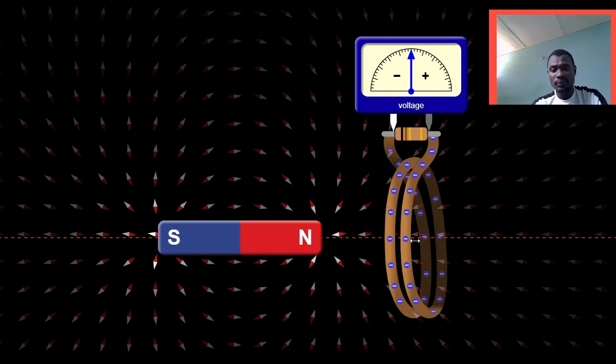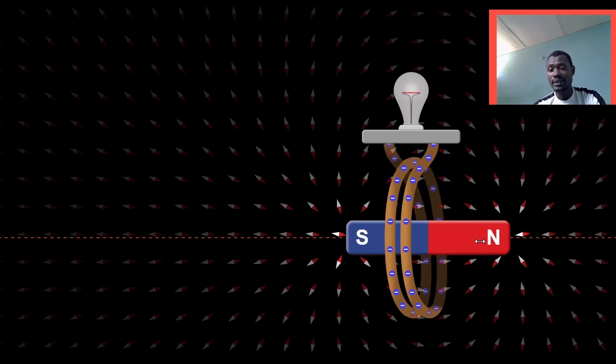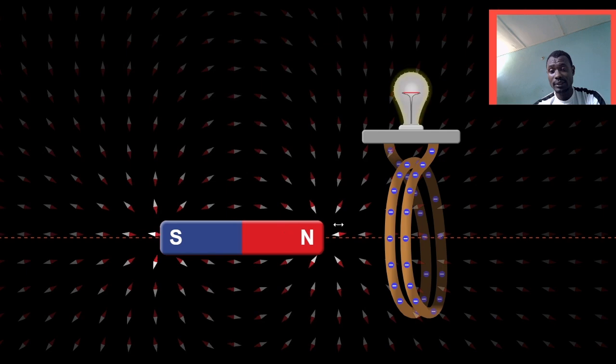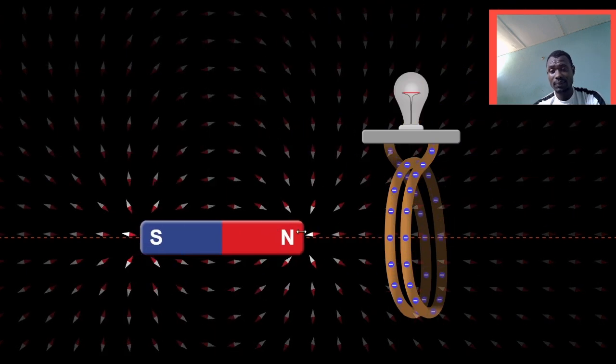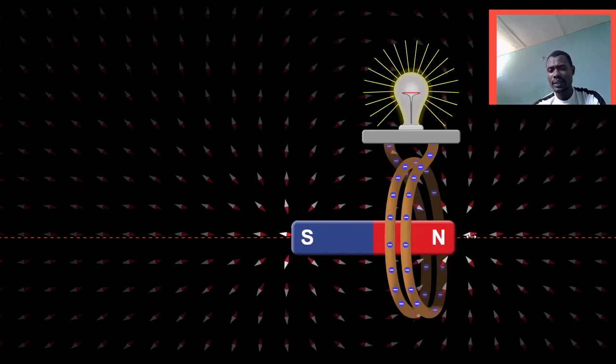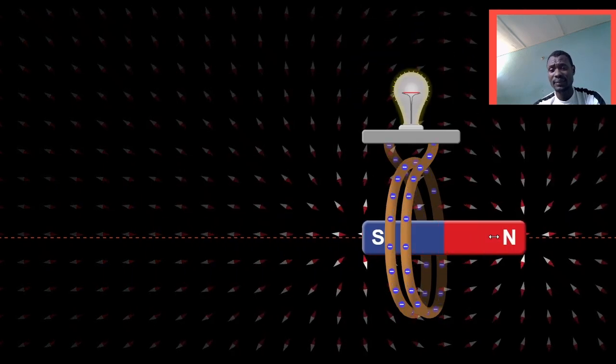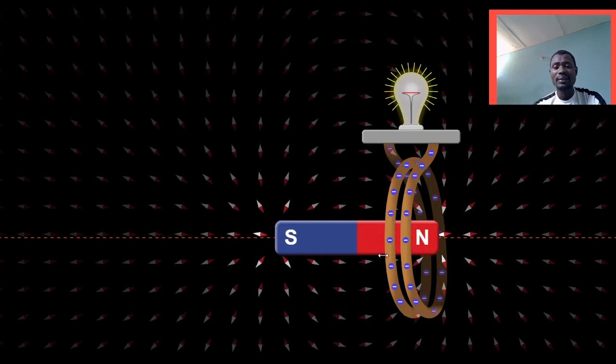Now, if I change this indicator, let's see what will happen if I move this bar magnet. Can you see now? Current is supplied to the bulb. As I move it, there is light. There is electricity. So for electromagnetic induction, there must be a change in magnetic flux.